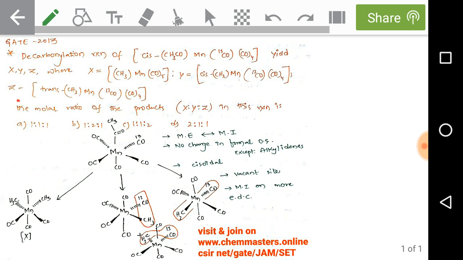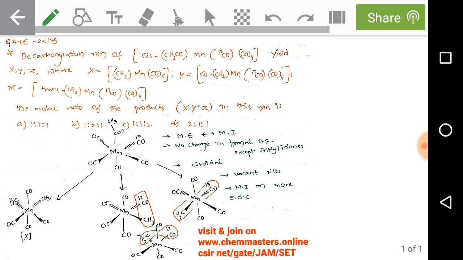Now we need to check the third one, that is the Z complex, the trans manganese complex. Trans means here CH3 and C13O must be trans to each other in the given product of the manganese octahedral complex. To get that, what we need to do? Here we have C13O, so for this C13O, the inserted CH3 must be trans to it.